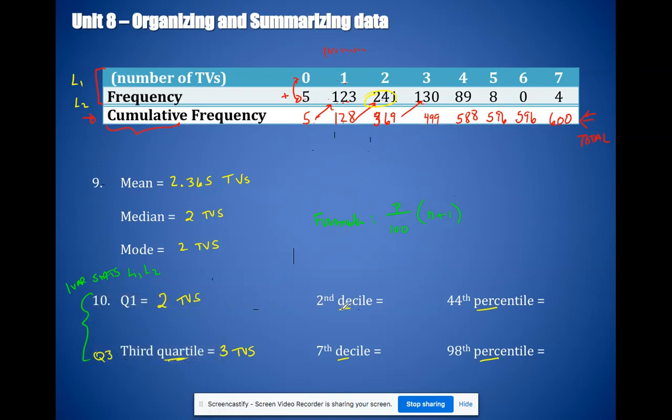So the second decile, 600 was my total, n is my total. So 600 plus 1 is 601. What am I going to put in the numerator? Second decile. Decile means cutting everything up into tens. So the second one would be 20.